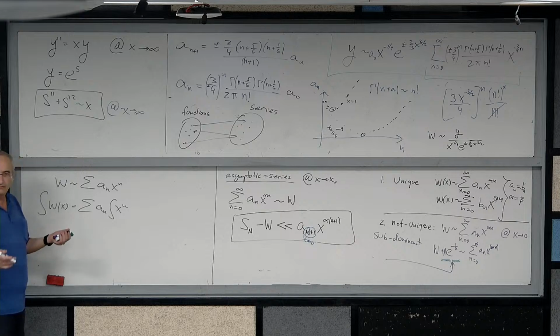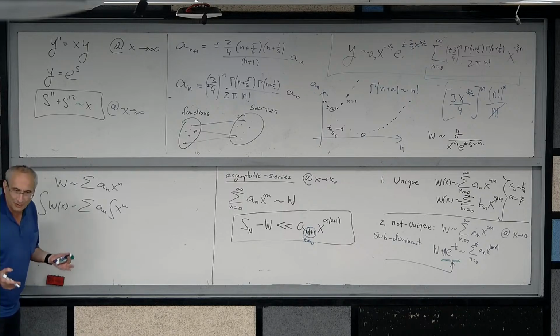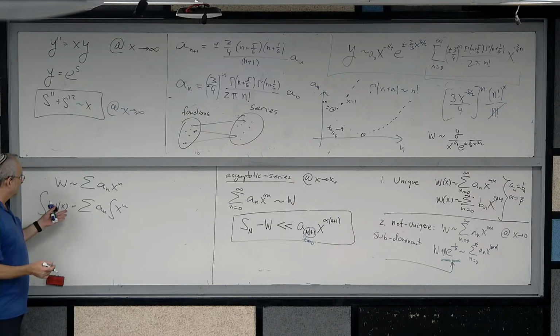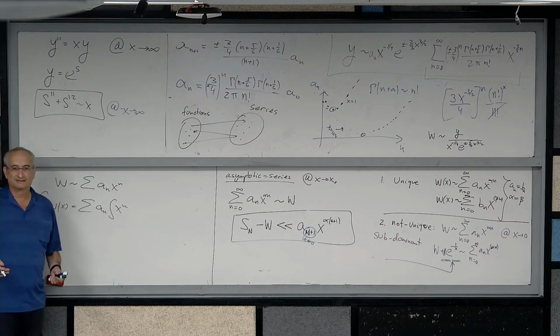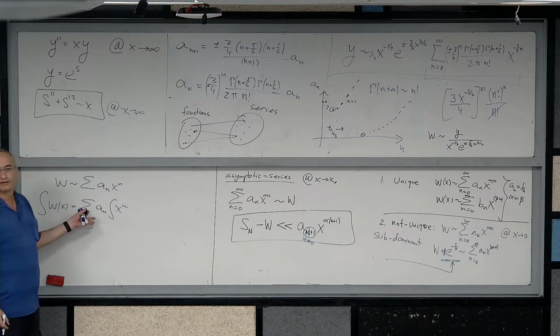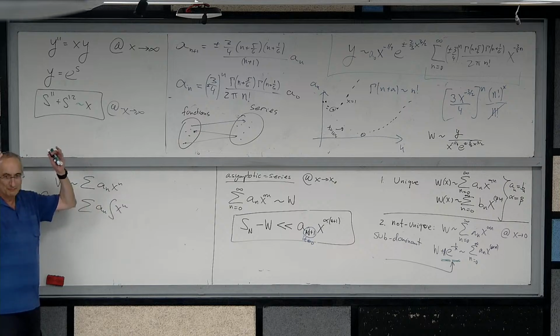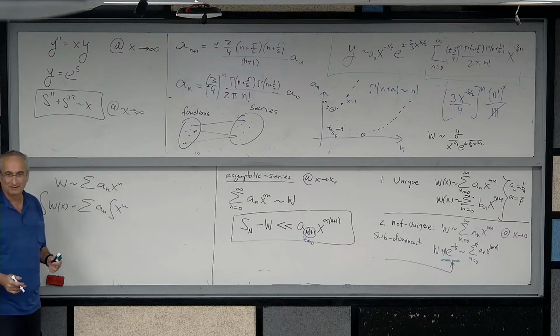Okay, so some other smart mathematicians have to work on that, and there is something called Abelian theorem, A-B-E-L. Abel is the name of a person who showed that this is possible under some conditions that I am not familiar with.